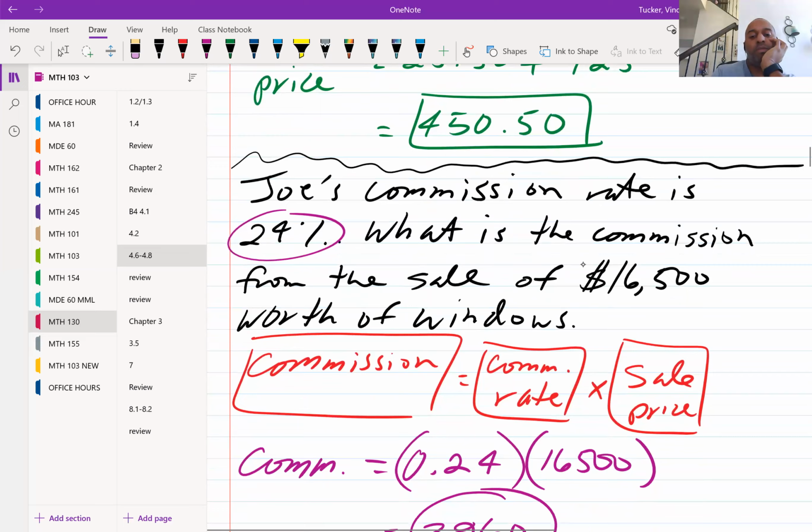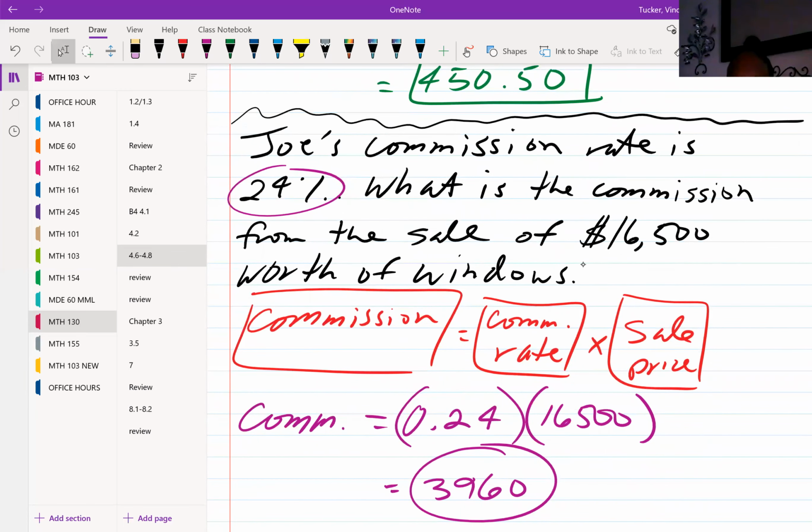So calculate the commission. That's 0.24 times the 16,500. So we expect Joe to make $3,960 of commission.